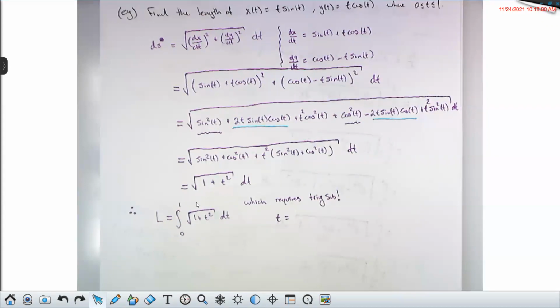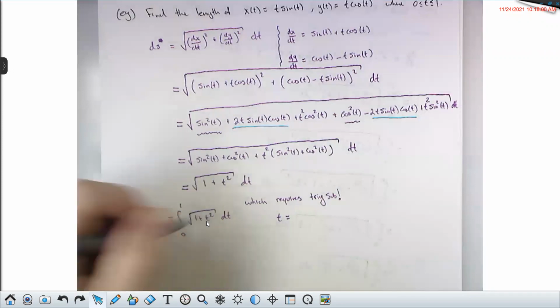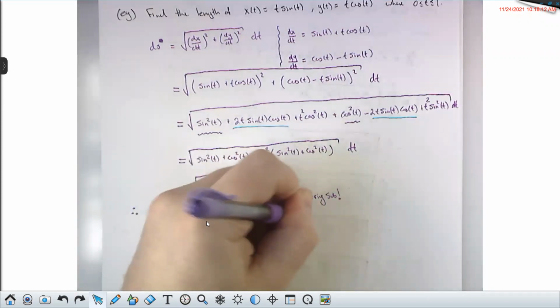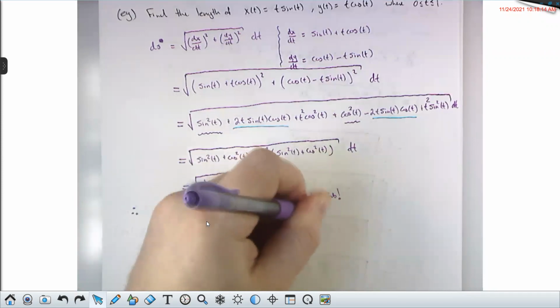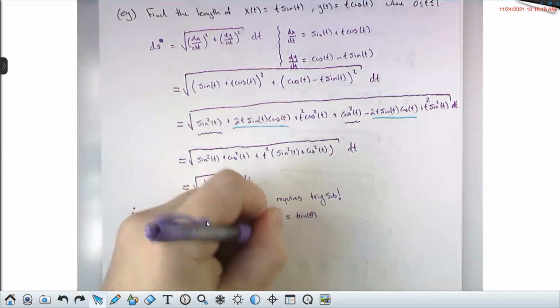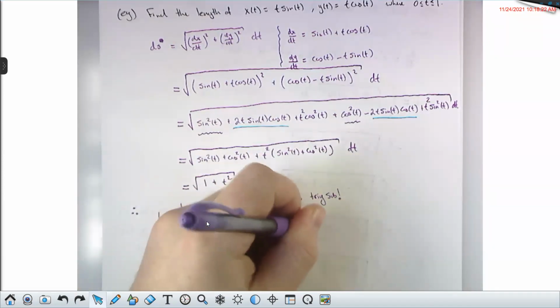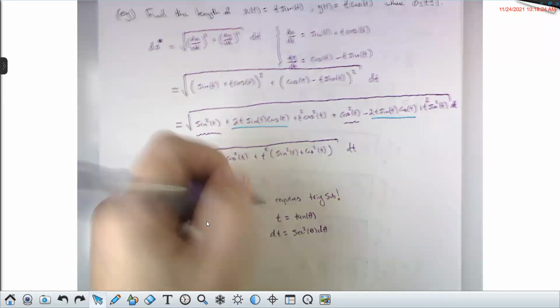Tangent. Very good, tangent, right? It's a t squared plus a squared thing, right? So that's a tangent. You'd sub t equals the square root of this times tangent theta. Well, the square root of 1 is 1, so this is t equals tangent theta. dt then is secant squared theta d theta.